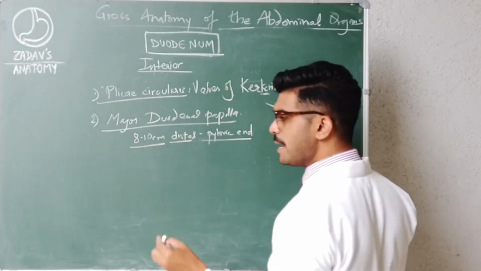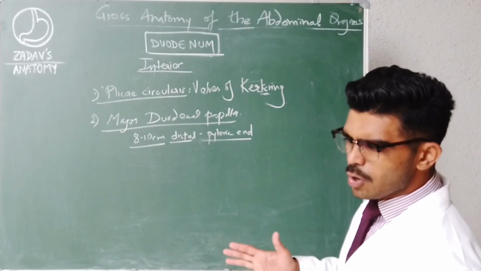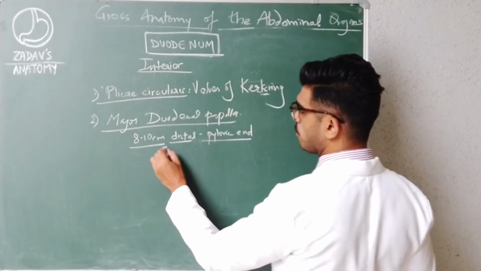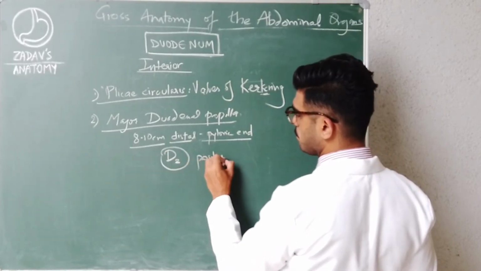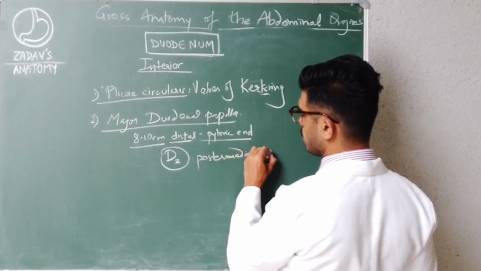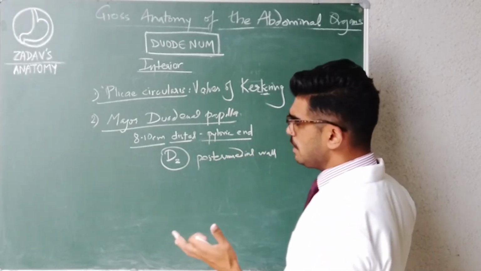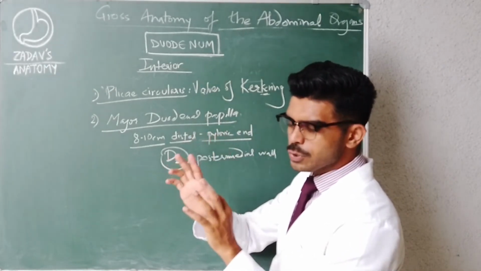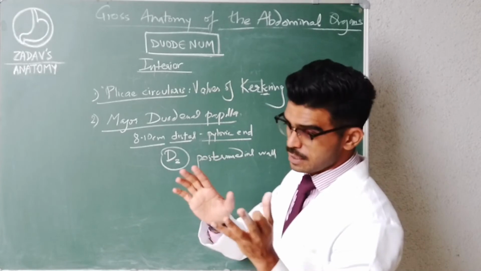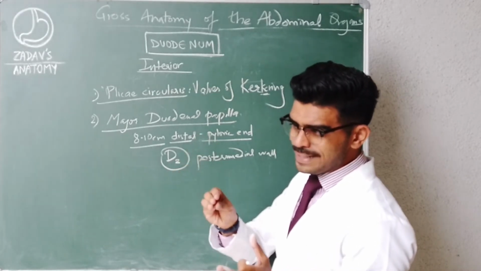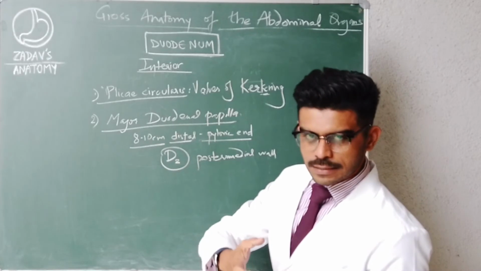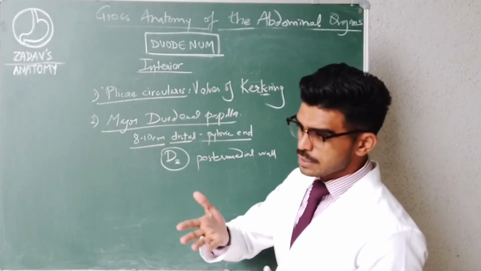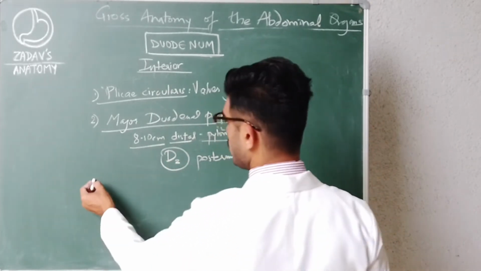Okay, and it's somewhere along the posteromedial wall of the second part of duodenum, and it's essentially a papilla into which the hepatopancreatic duct is opening. I mentioned this before. What it is going to bring is the pancreatic enzymes from the pancreas and the bile that is produced in the liver, and together these are going to be mixed into the second part of the duodenum.